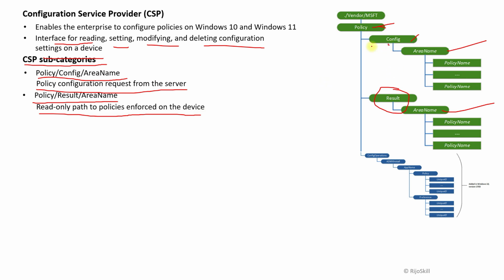Configuration means you request the server to pull the configuration you have. The result means the read-only policy: whatever policy you push, you get the result of that policy. Those are the two subcategories, and one more is the configuration policy operation, which is ADMX installation.